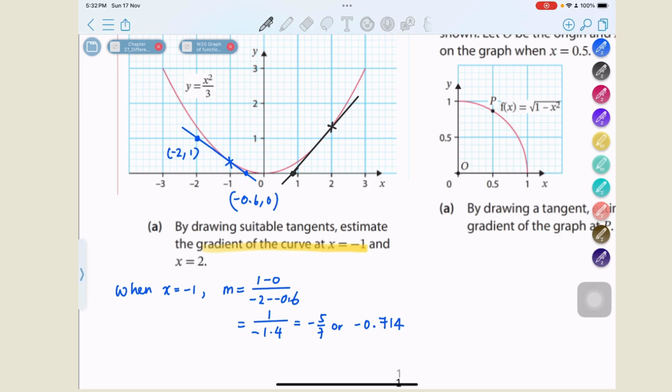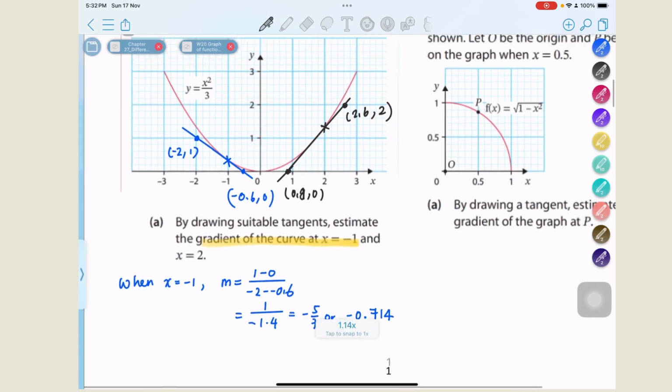Coming to this point and maybe this point, I will take (0.8, 0) as the first point. The second point I will take is (2.6, 2).